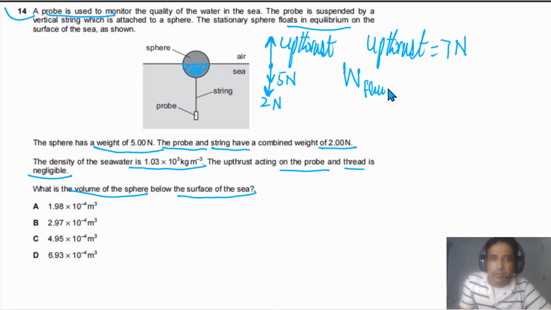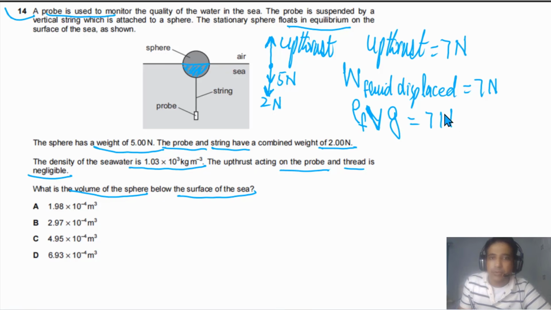You need to understand the concept, not just use the formula without understanding the concept. So the weight of fluid displaced in this case is equal to 7 newtons, and the weight of fluid displaced is equal to the density of the fluid displaced times the volume of the fluid displaced times g, and this has to be equal to 7 newtons.